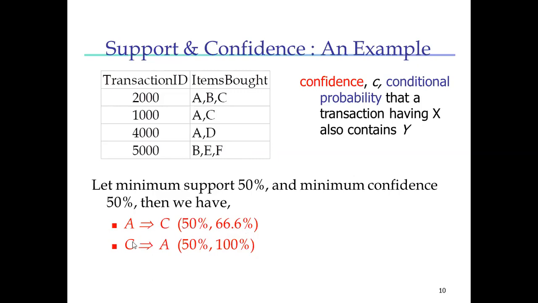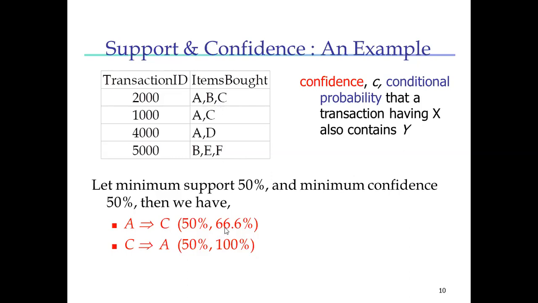Now the second example with respect to support: C tends to A, if C then A. That is C union A, also 50% support. Out of 4 transactions, 2 have C and A, so the support is 50%.